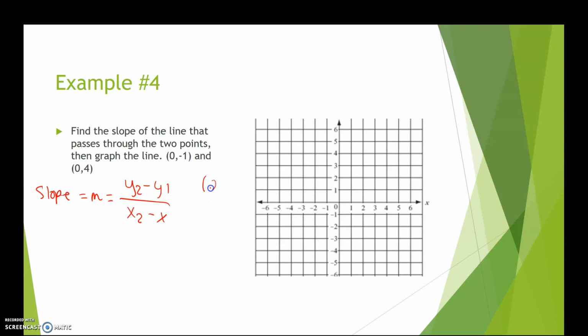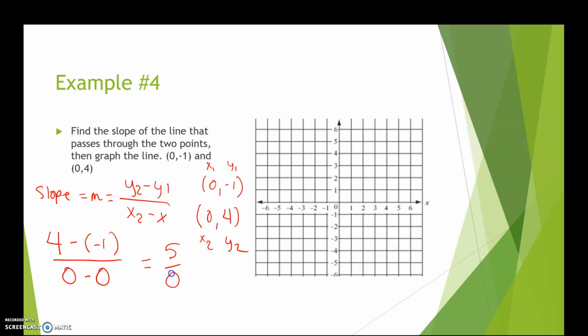And my points here are 0, negative 1 and 0, 4. 0, negative 1, I'll call x1, y1. 0, 4 is x2, y2. So when I graph this, it will be 4 minus negative 1 over 0 minus 0. Well, 4 minus negative 1 is going to give me 5 over 0.